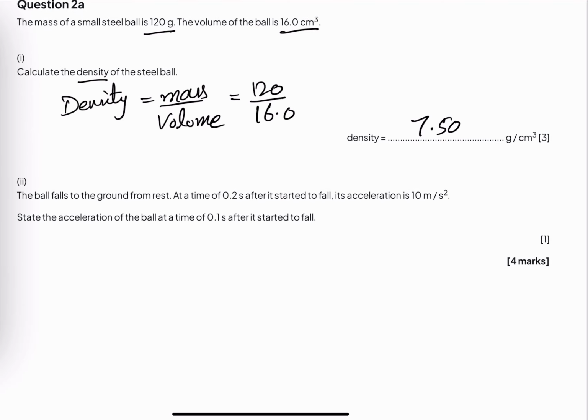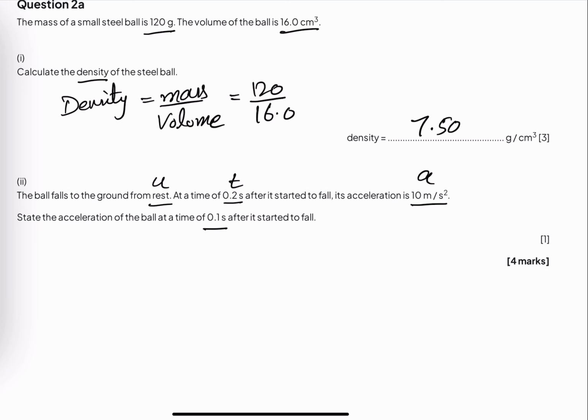In the next part, the ball falls to the ground from rest. So this is initial velocity. At a time of 0.2 seconds after it started to fall, it accelerates at this rate. State the acceleration of the ball at a time of 0.1 second after it started to fall.